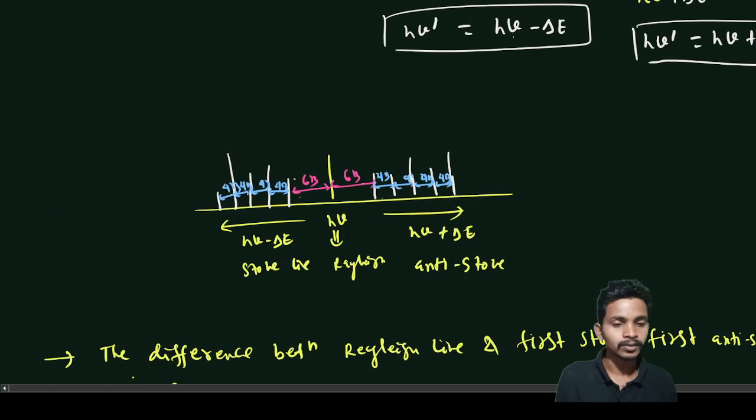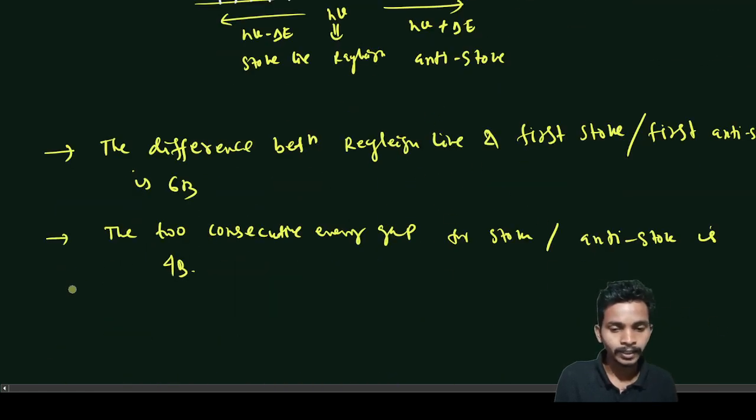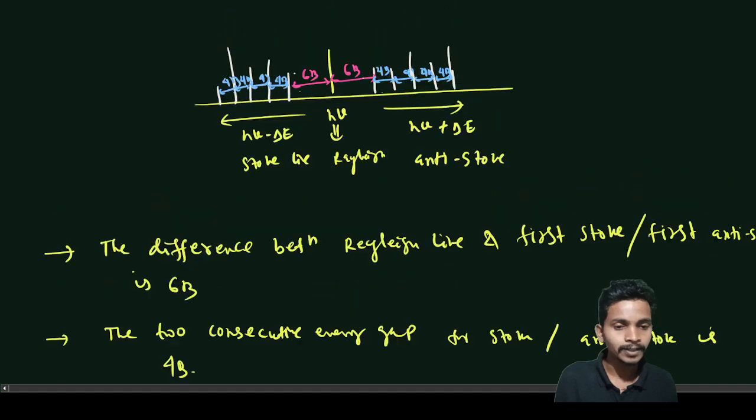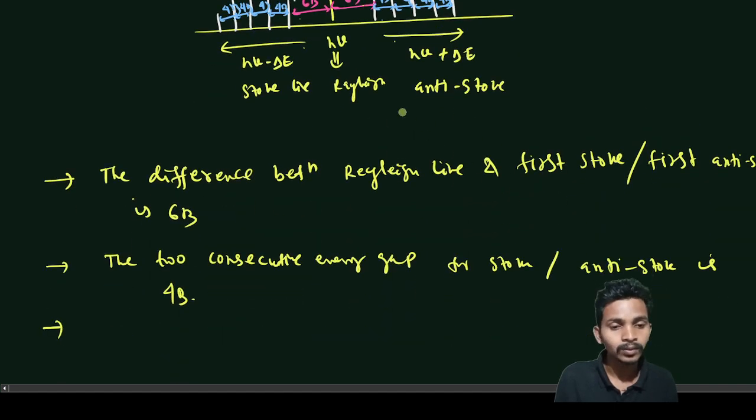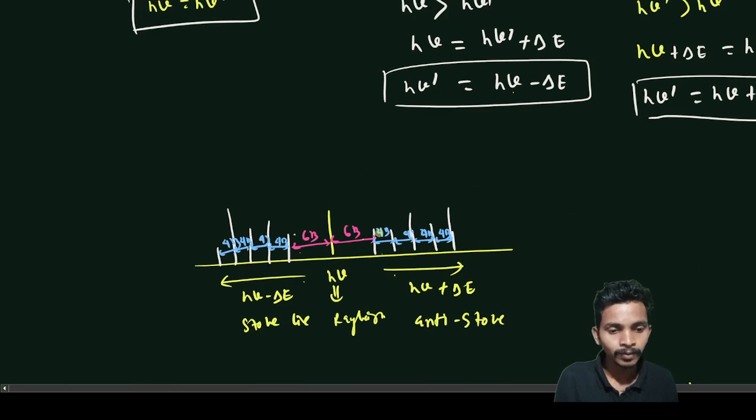Okay. And if the question asks what is the difference between the first Stokes and first anti-Stokes, then that is 12b. Yes, from first anti-Stokes to first Stokes, this distance is 12b. It is 12b.